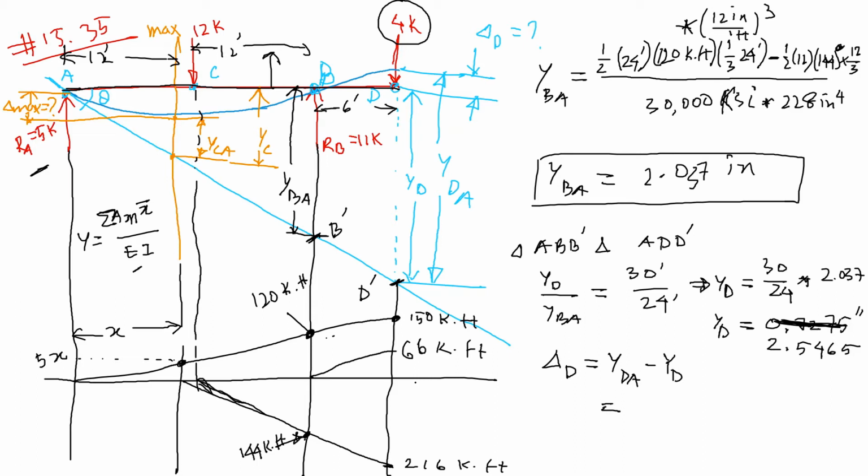Let's calculate YDA using the same concept, basically all the area up to Y. So half times the longest triangle, which is half times base 30 times 150, times 1/3 of the distance, which is the centroid, that's 30, minus half times 216. Let me use one other page.